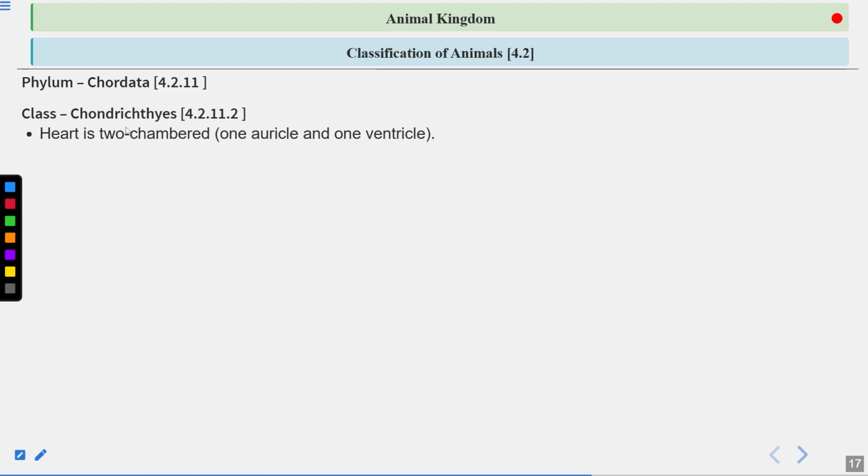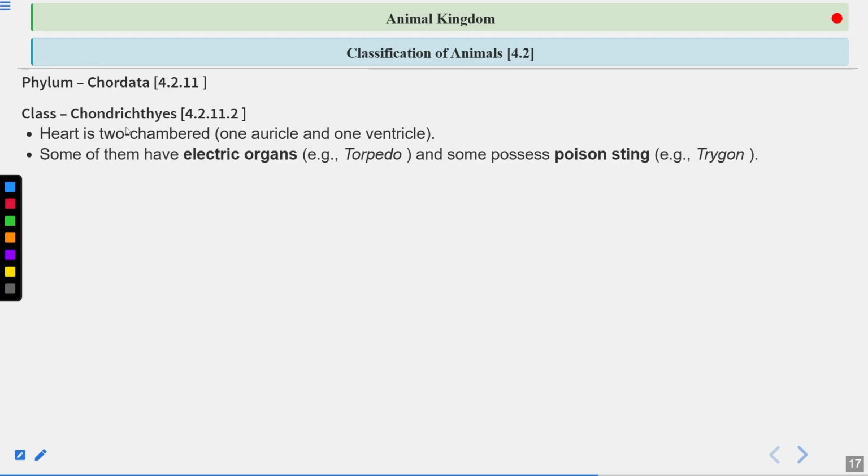The heart is two-chambered. I've already told you that in fishes the heart is two-chambered: one auricle and one ventricle. Some of them have an electric organ. Some of the chondrichthyes produce electric shocks for their protection.